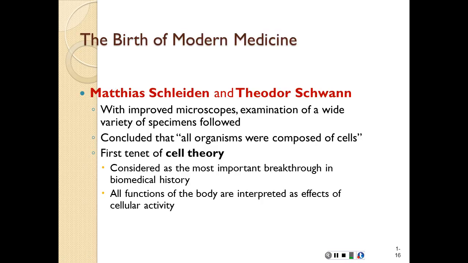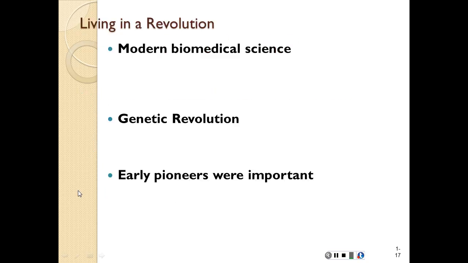And they were the first to state the cell theory, which is considered the most important breakthrough in biomedical history. Realize that all functions of the body are interpreted as aspects of cellular activity. So make sure you know that these gentlemen are the ones that helped come up with that cell theory, the first tenet of the cell theory.